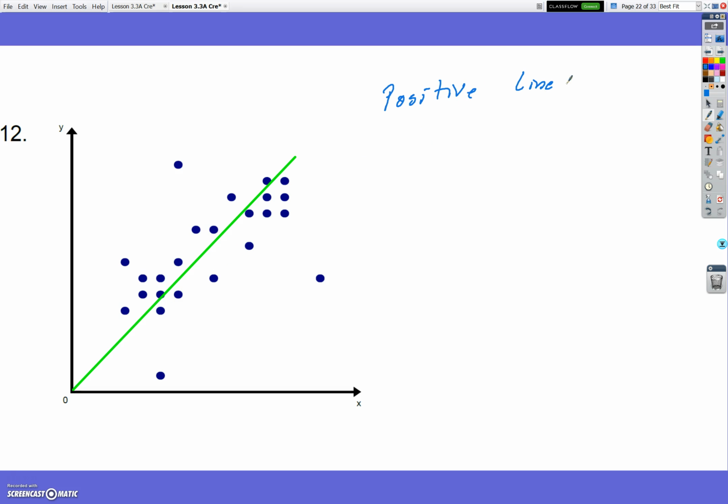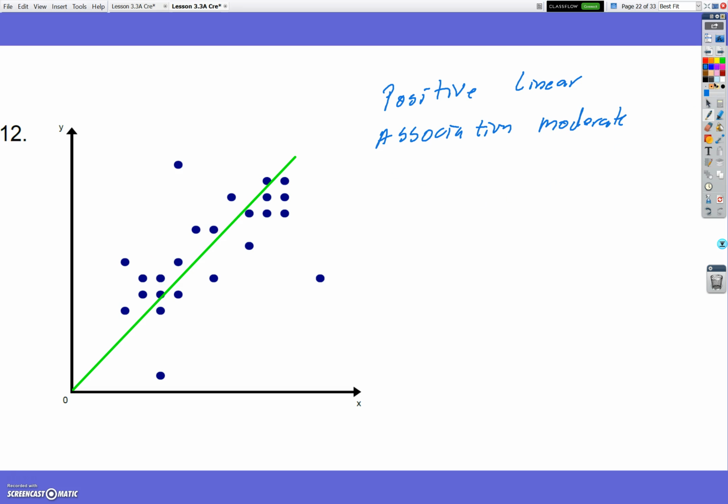It's going in a linear direction. Linear association. And I would say it's moderate. So the points are kind of clustered together, but they're not super crunched.